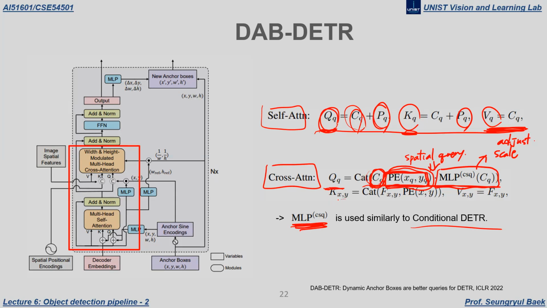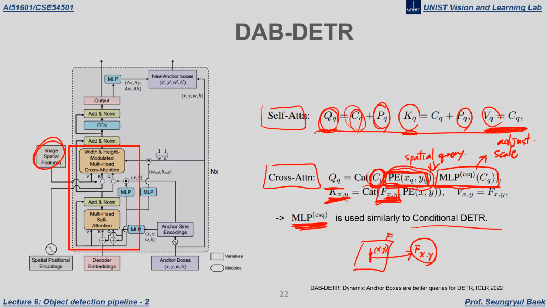Here, the key is from the image feature. XY is the XY coordinate in feature space. This is the feature map, and this is XY, and F at XY means the n-dimensional vector at this location.